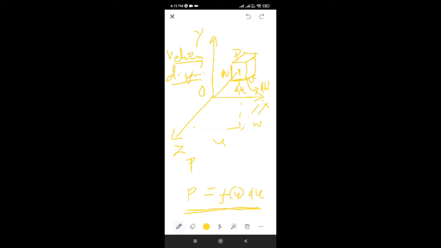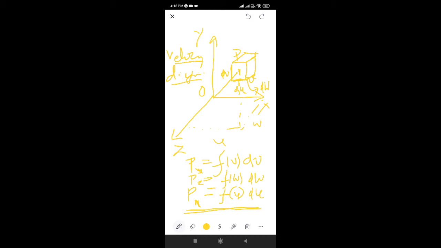Next, the probability for the y component of velocity will be f of v dv. Next, the probability that the molecule under consideration is having its velocity in between w and w plus dw is given by f of w dw. This probability deals with the x component, this probability deals with the y component, and this probability deals with the z component.